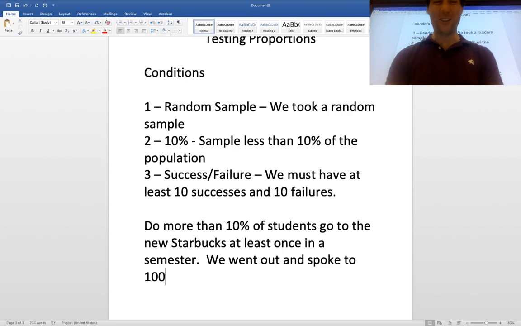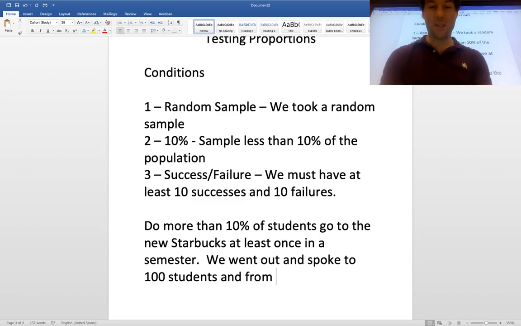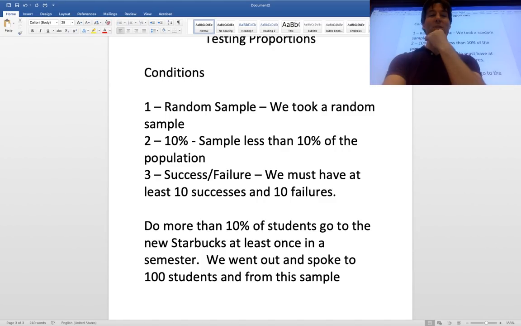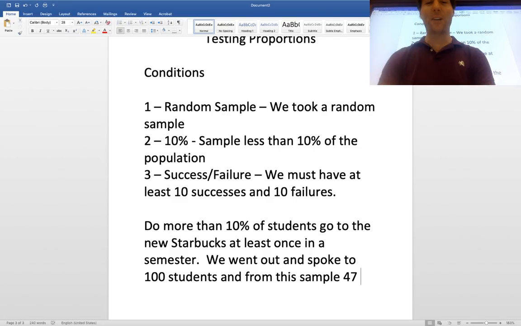From this 100, from this sample, how many? Let's use 47. 47 of them said they go to Starbucks.